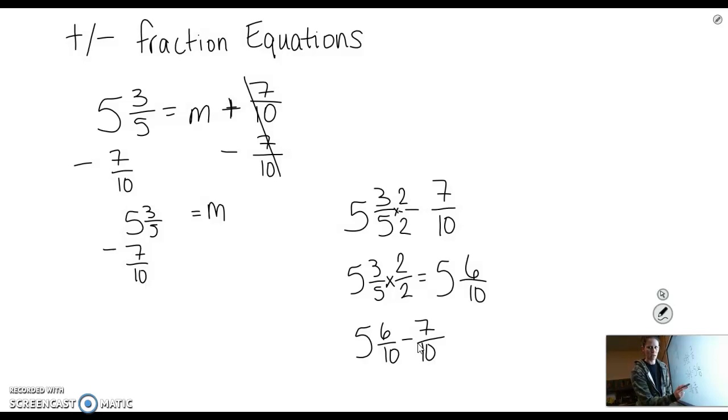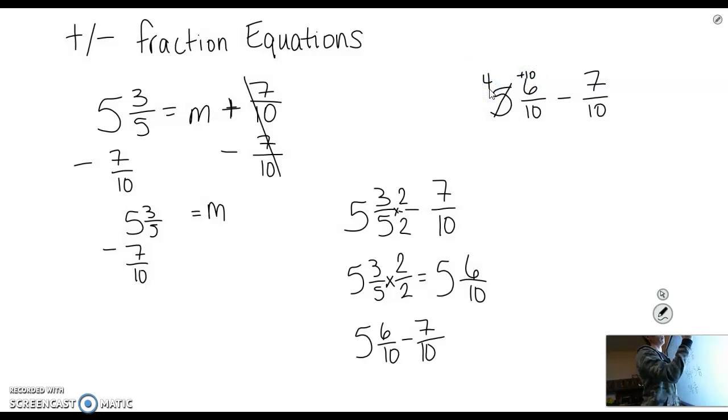Well, we can't take 7 from 6, so we have to do something. So if we have 5 6/10 minus 7/10, we have to regroup the 5 and 6 tenths. We're going to borrow 1 and add 10 to this numerator.